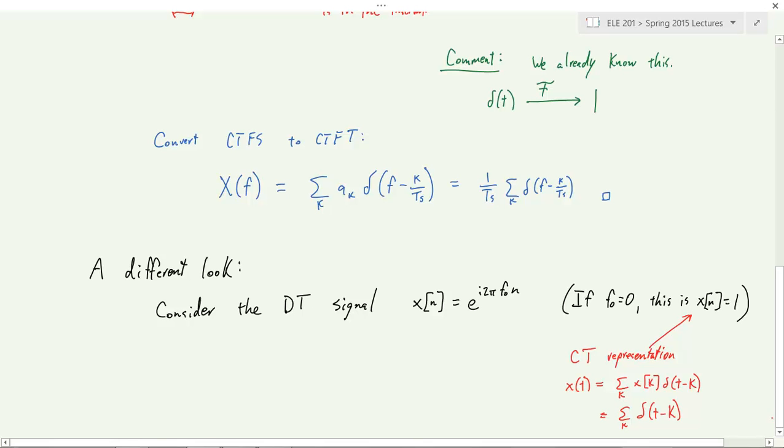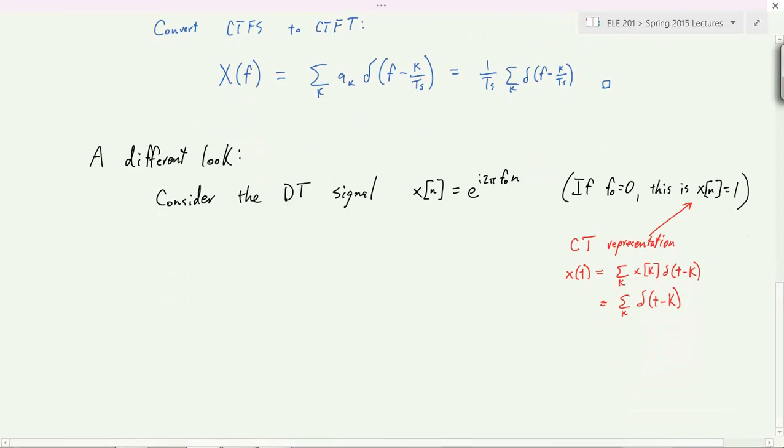Well, that gives us an easy way to check what we want. We should look at the Fourier transform of this discrete time signal. Now I'm going to go back to the more general case where we're looking at x[n] being a complex exponential, not necessarily 1. Again, just for the exercise of it. So in continuous time, we knew what the Fourier transform was for a complex exponential. Let's write that down. We knew this pair. We verified it before.